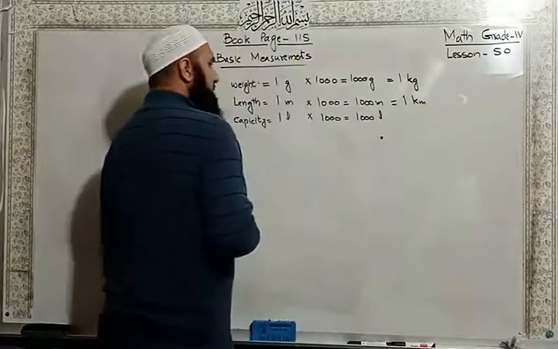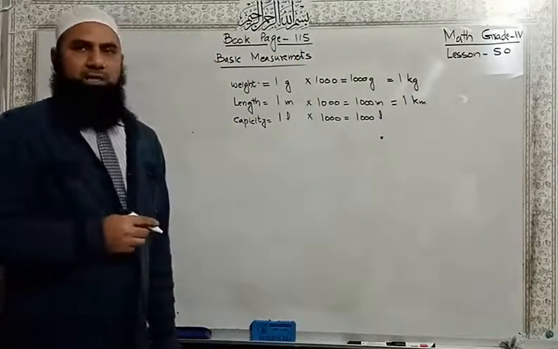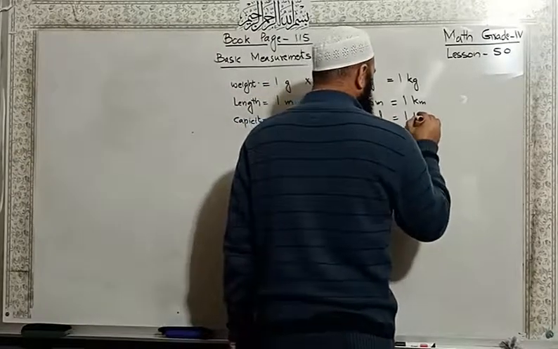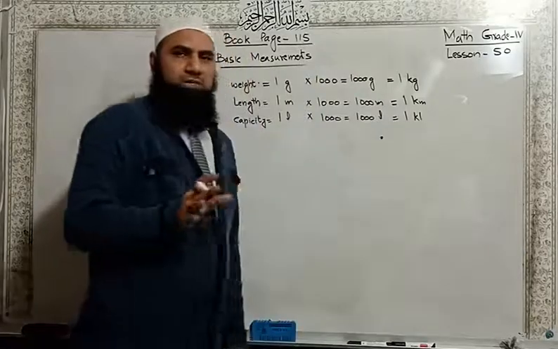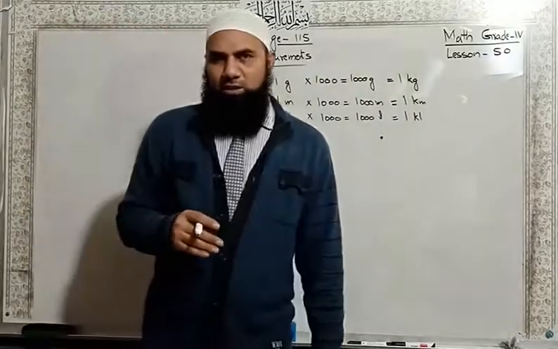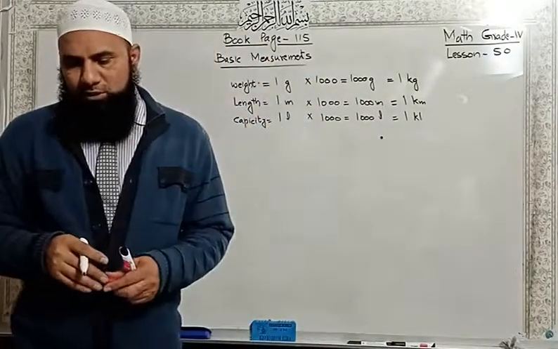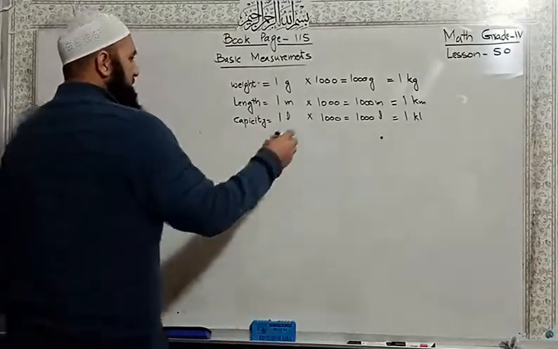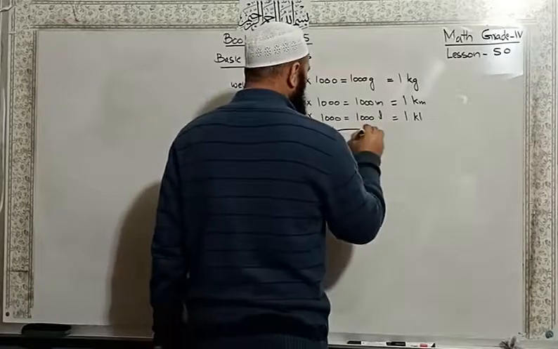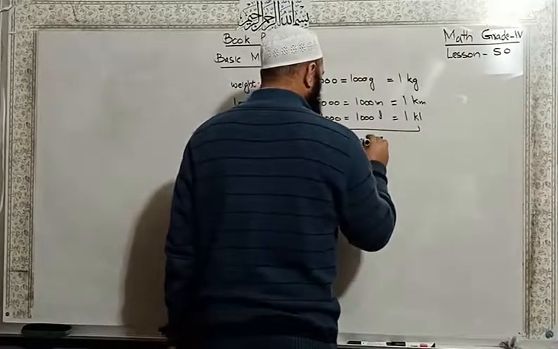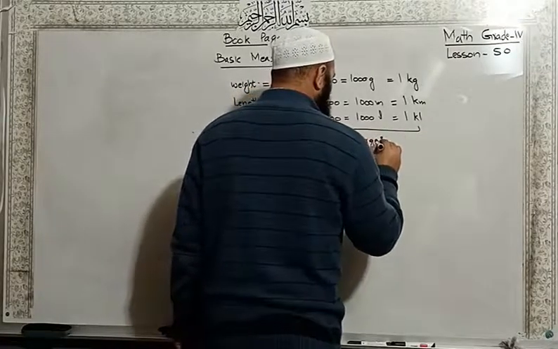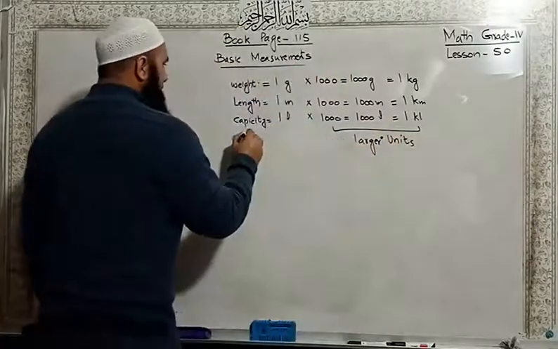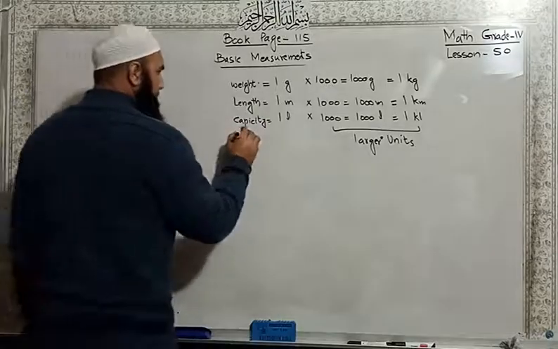And 1000 liters are equal to 1 kiloliter. Kilo means 1000. Wherever there is kilo, it means there is 1000 of the units. These are the larger units. This is our basic units.